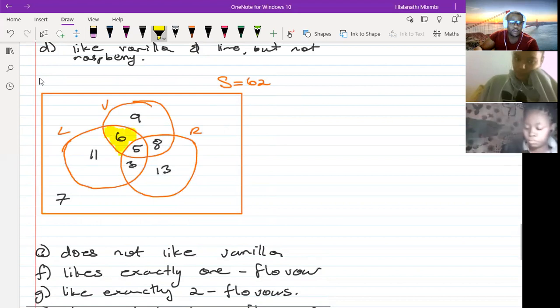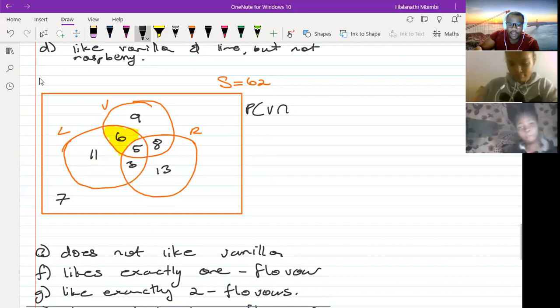So we're looking at these people. This is how we would write it down. So we're looking at people who like vanilla and lime, but they do not like raspberry. And that would just be 6 out of 62.